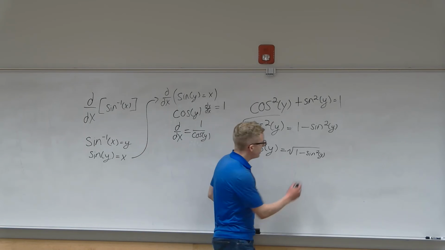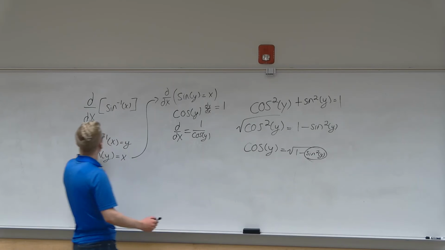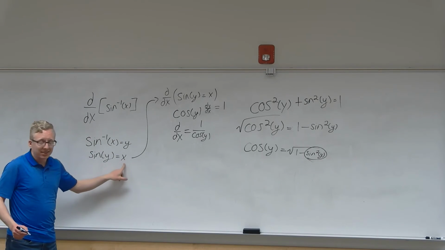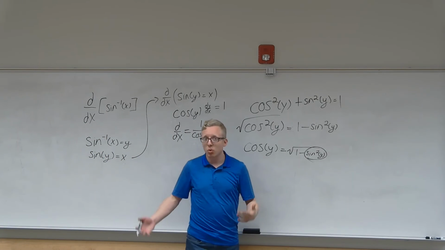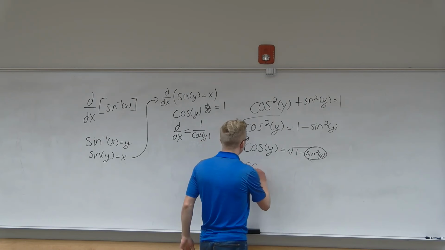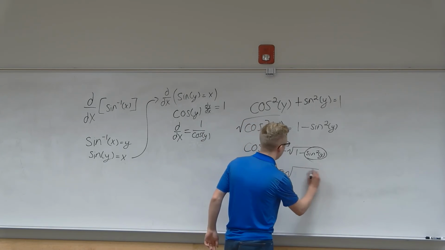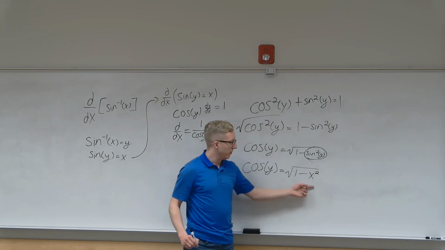Well, let's pay attention to this part right here, sine squared of y. Earlier, we defined that the sine of y is x, meaning that the sine squared of y is simply x squared. So we can rewrite this as cosine of y equals the square root of 1 minus x squared.